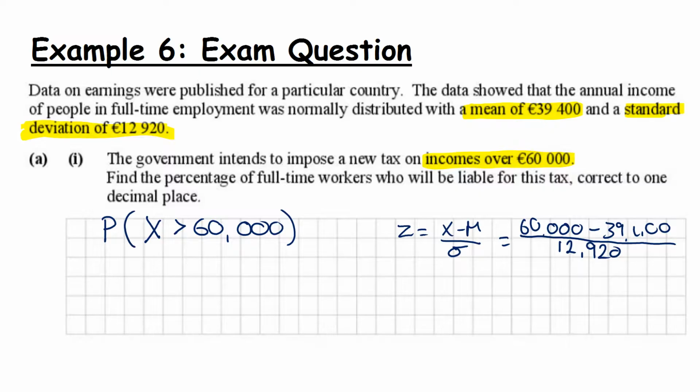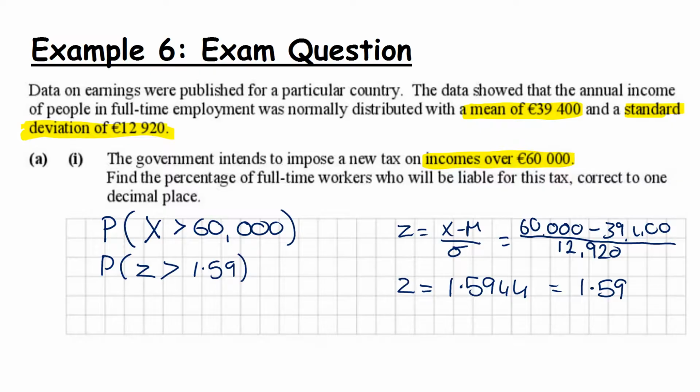Now, we'll get an answer here, but remember our log tables only actually go to 2 decimal places, so we have to keep the same. So we get 1.944, but I have to round that to 2 decimal places, which is 1.59. So going back to my initial statement, I now can replace that with z is greater than 1.59.